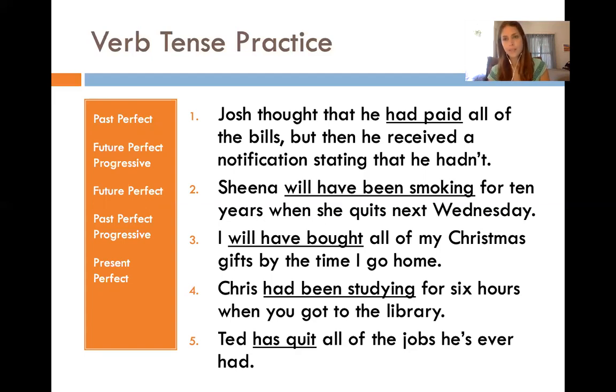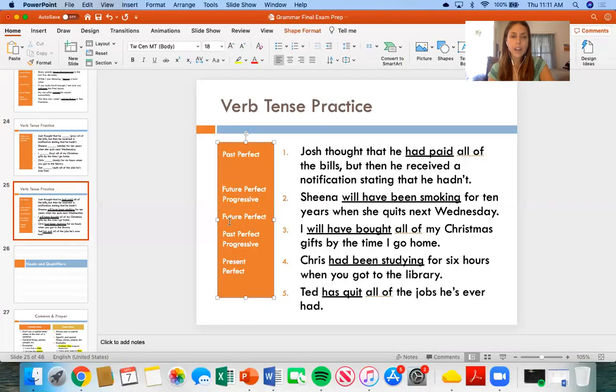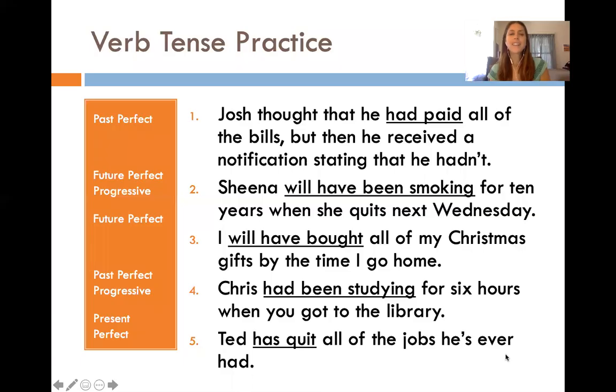Either one works. Number 2, Sheena will have been smoking for 10 years when she quits next Wednesday. This is a non-debatable one. This is the correct answer. Sheena will have been smoking. And I know this is kind of tough because the future perfect progressive is a big one.